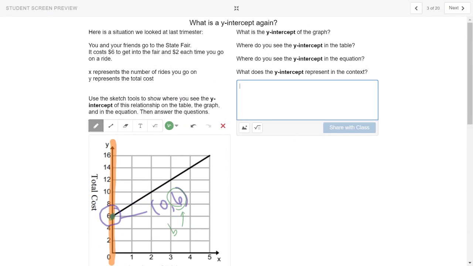All right, so the y-intercept for this relationship is (0, 6). So the value of b is 6.